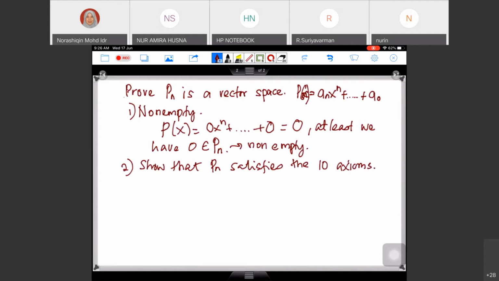Remember for this one, we need to say that for P(x), Q(x), R(x) in Pn, and c, d in R, you must have that because it involves the scalar multiplication.